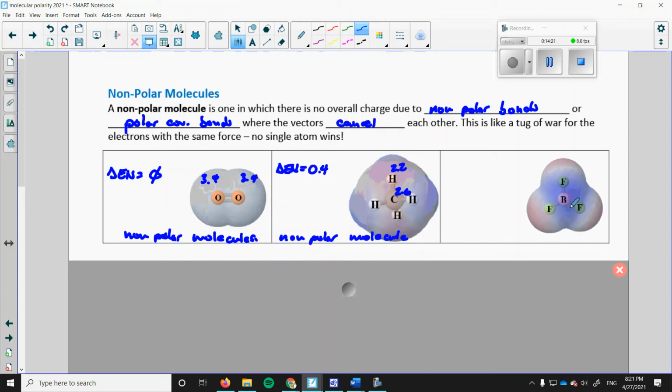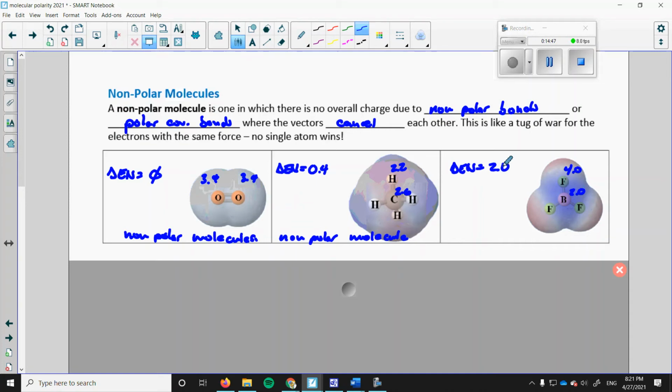Now let's look at the last one here. So here we've got boron trifluoride. So let's look up boron. Boron has an electronegativity of 2.0. Fluorine is, oh, we know this one, 4.0. So the difference in electronegativity here is going to be 2.0. Now, according to our little guideline, this should be an ionic bond, but there are some exceptions to that rule.